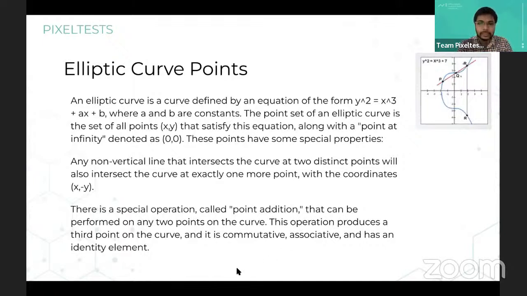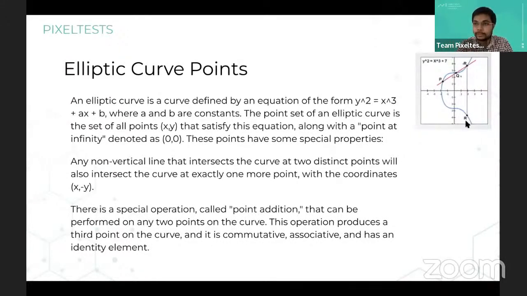We'll also understand how these properties help make it more secure. The operation produces a third point on the curve, and it is commutative, associative and has an identity element.